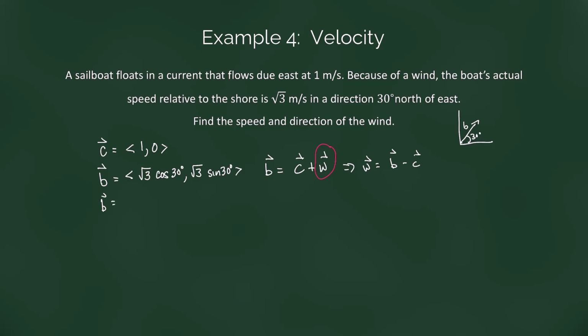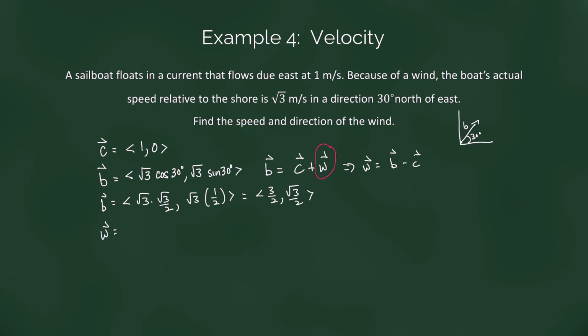Let's rewrite our boat vector here. The cosine of 30 degrees is root 3 over 2. So here we get root 3 times root 3 over 2. And then we get root 3 times the sine of 30 degrees, which is 1/2. So the boat vector is the vector 3/2, root 3 over 2.